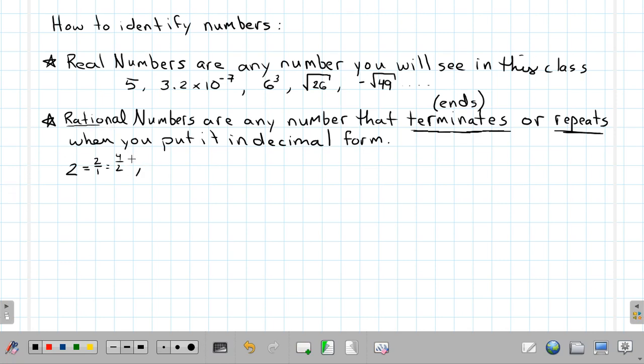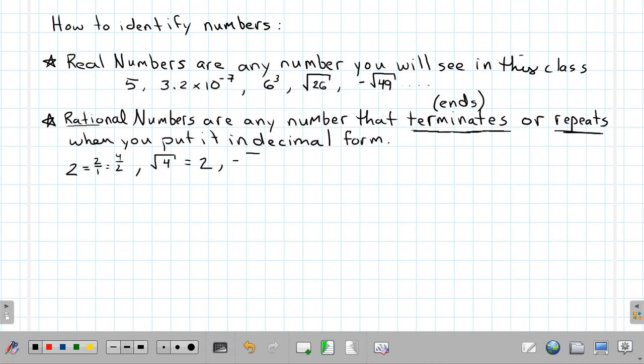Another example, we've got the square root of 4. Well, square root of 4, if we know what that is, this is the positive square root of 4. Well, that's just the number 2. So we already know 2 is a rational number. So the square root of 4 also has to be a rational number because it's nothing more than the number 2. Okay?